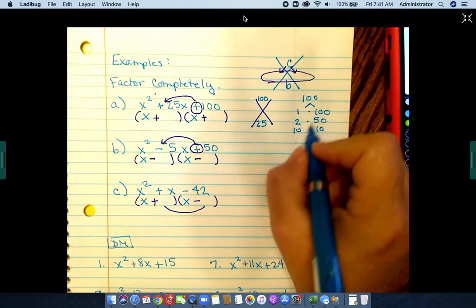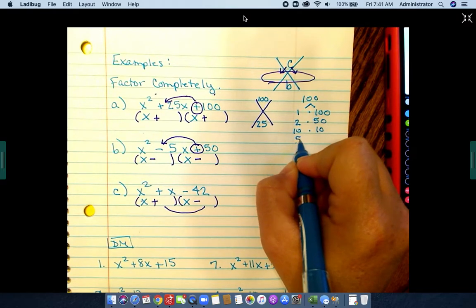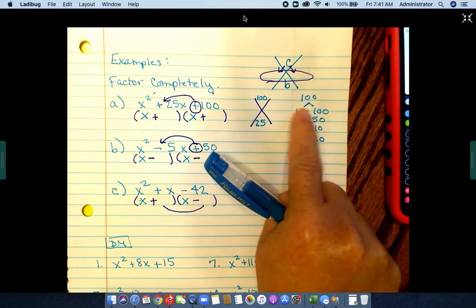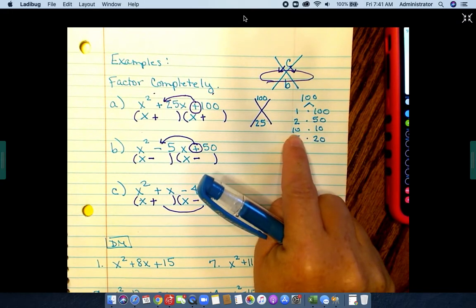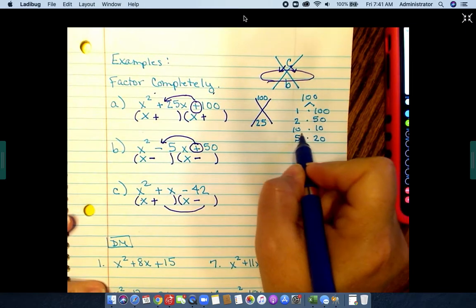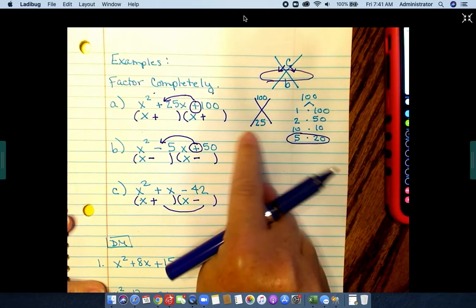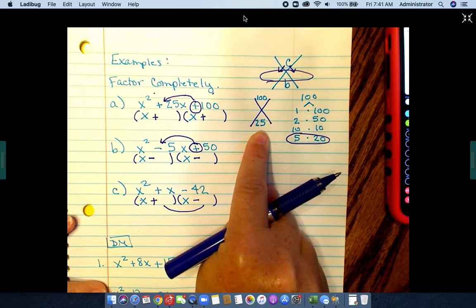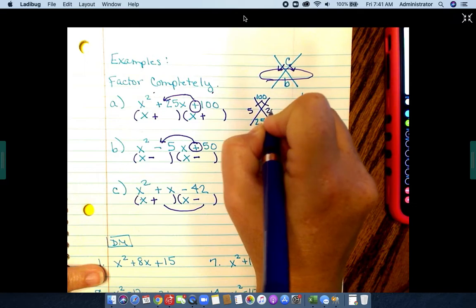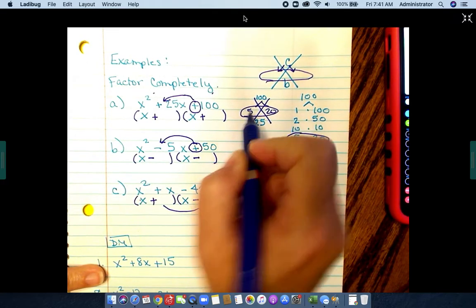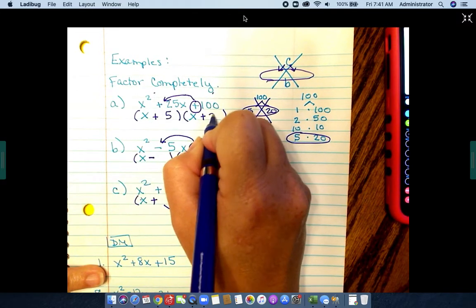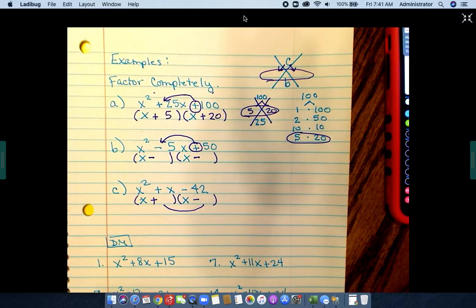We should also know that 100 is 5 times 20. And we can always just use our calculator. If it ends in a 0, you know it's divisible by 10 and also 5. But look what we found. Oh, 5 plus 20 combined to give you 25. So once you find these numbers, if this breaks down into 5 and 20, and they combine to give you the middle number B, then I have found the correct factors and I simply write them in. And I'm done.